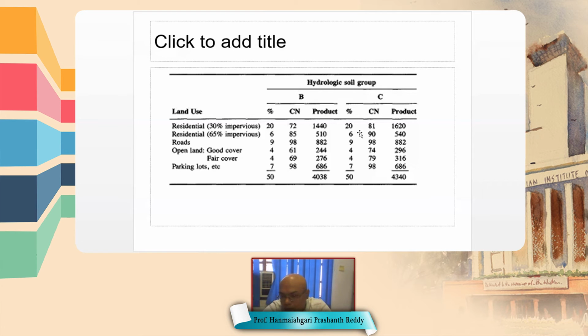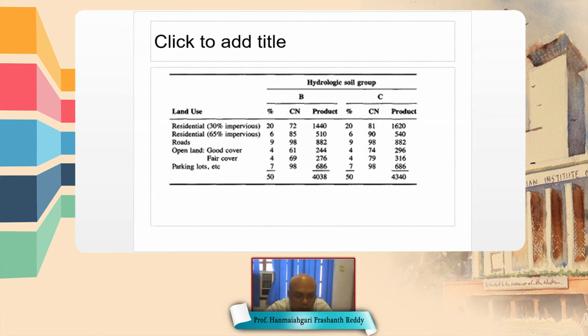So the average curve number is equal to 83.78. This is for type 2 antecedent moisture condition.